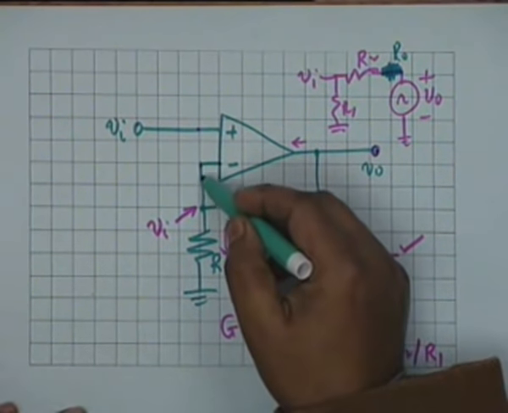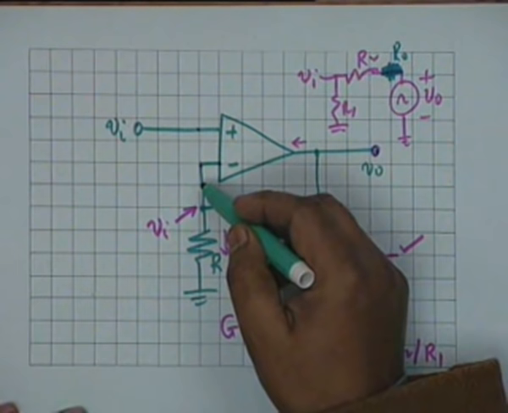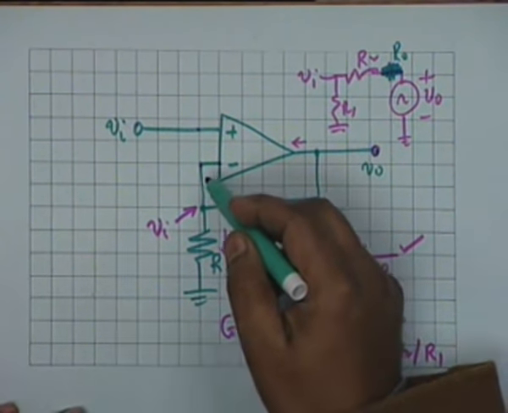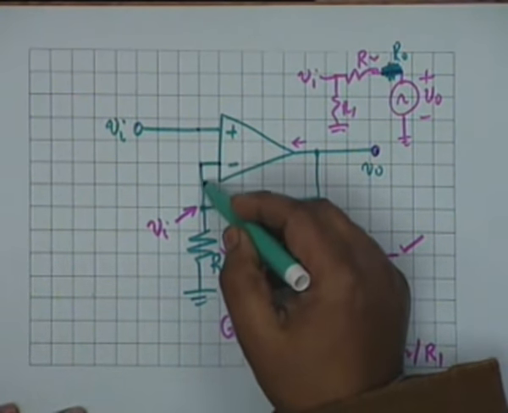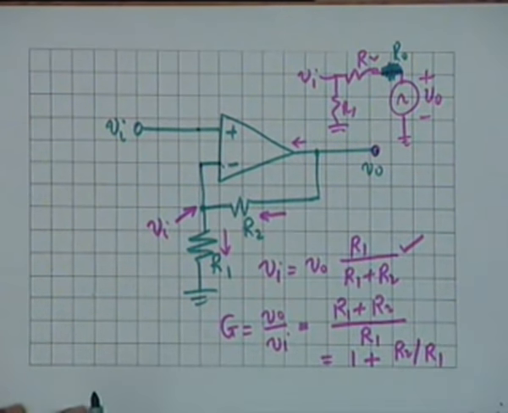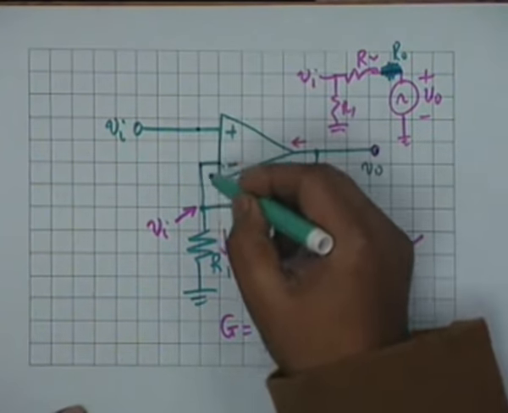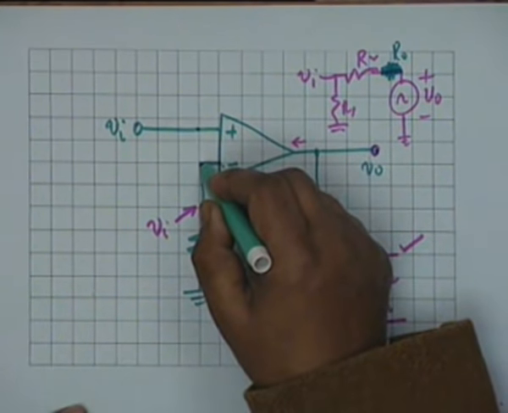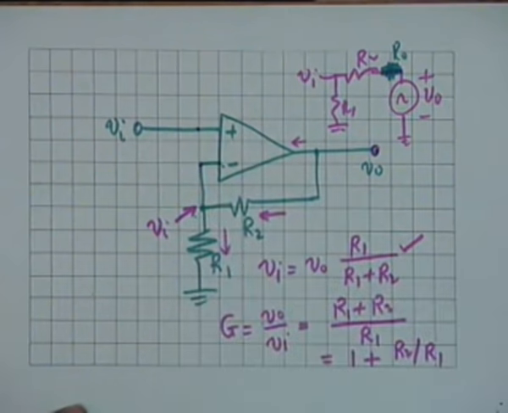It assumes that the input resistance is infinity, that is, the op amp does not take any current at the inverting terminal. What is the third assumption? Capital A goes to infinity, so that this potential cannot be different from this potential. Vi comes here. All these assumptions are involved in this relationship.